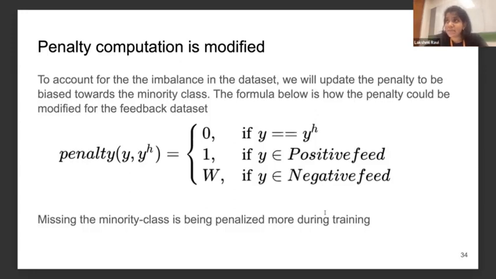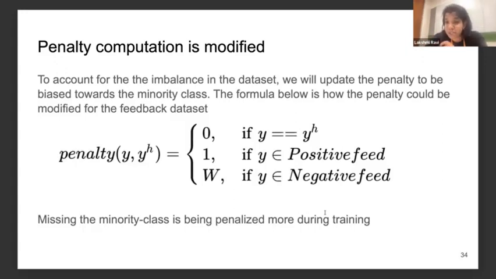Another common technique is giving a different weight, or penalty, to different classes. Once you know your class is imbalanced, in your modeling algorithm you give some partiality towards the minority class, saying, hey, if this is a negative feedback, try and account for its error with a higher weight than the positive feedback errors. So if you miss a negative feedback, treat it with more penalty at the time of training.